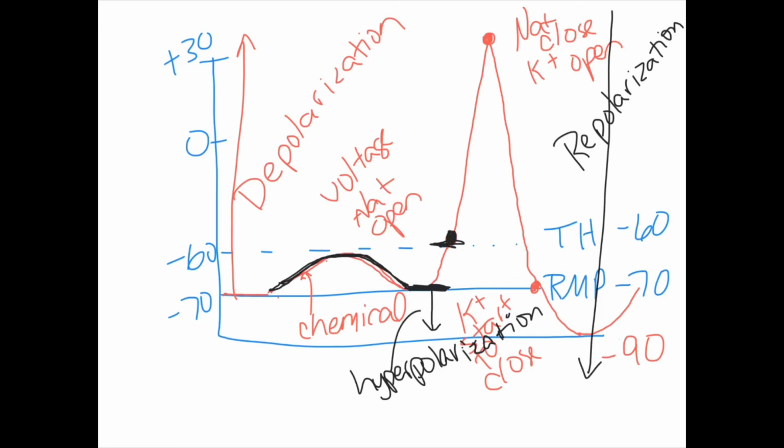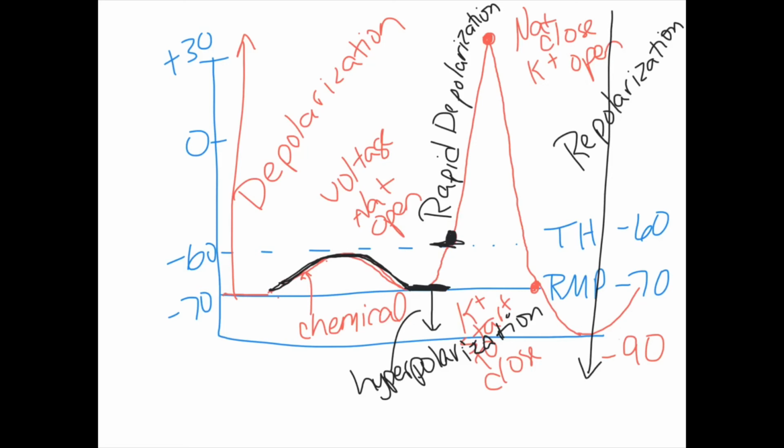Now, when we hit threshold in an action potential and we get depolarization going up to positive 30, it's very fast. So we call that portion rapid depolarization because it's happening so fast. And then it hits positive 30, the sodium gated channels close, the potassium gated channels open, and we repolarize.